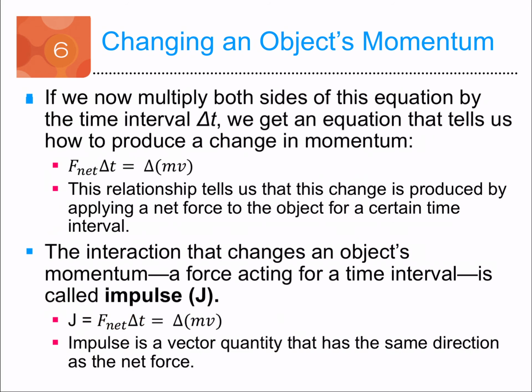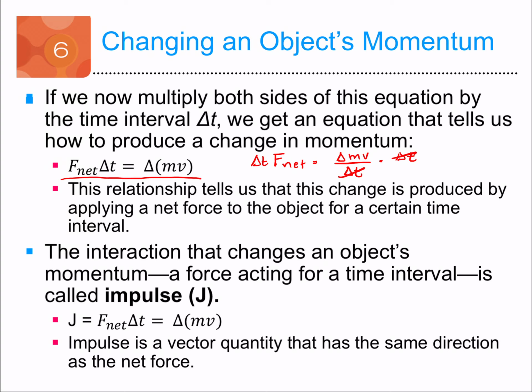Now, if we take that equation that we just looked at, where our net force equals delta mv over delta t, and we want to solve it for the change in momentum, all we did was multiply delta t by both sides. These cancel, and you can see how we got to this relationship.